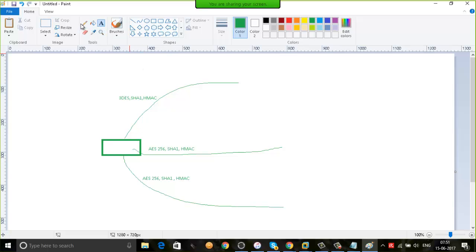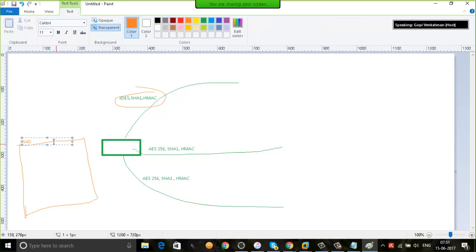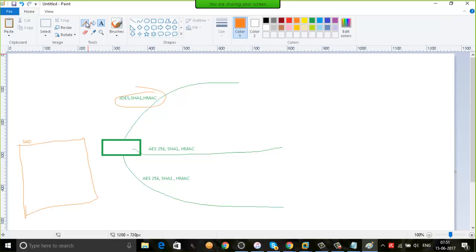How do I know what parameter I have to use and what key I have to use? These negotiated parameters are going to be stored in what? A database, I told you, right? SAD, Security Association Database.